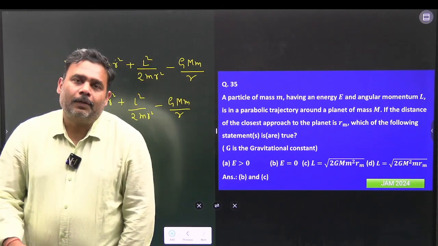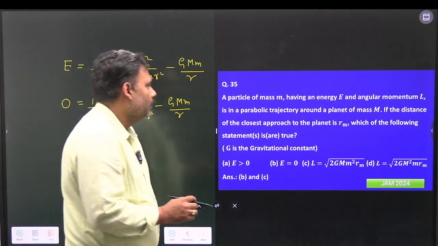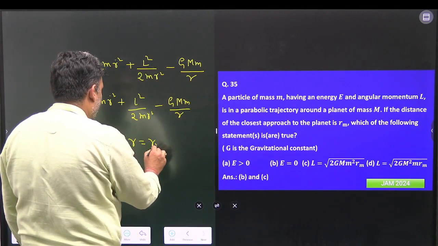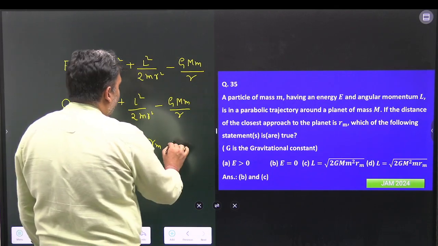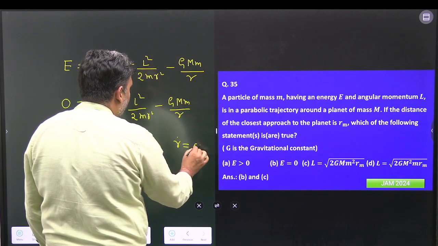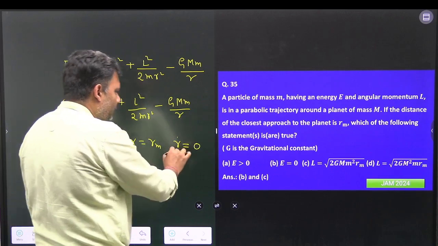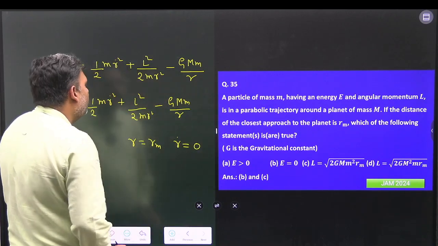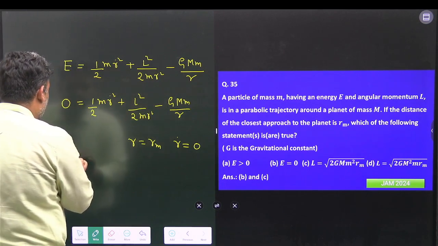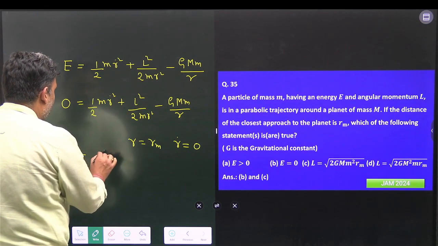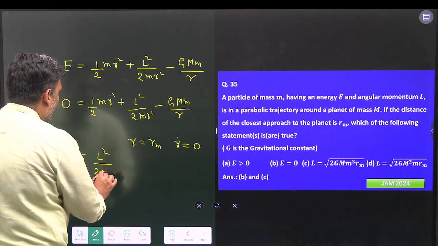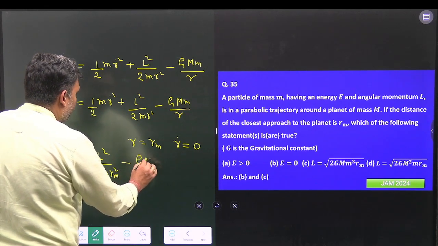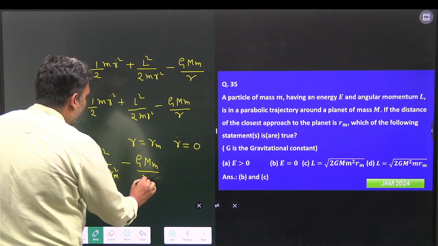Now what is the property of the minimum distance, the closest approach? At the closest approach, r is equal to Rm, and the translational kinetic energy, or radial velocity r dot, is equal to 0. So when r dot is equal to 0, we have 0 equal to L squared upon 2 m Rm squared minus G M m upon Rm.